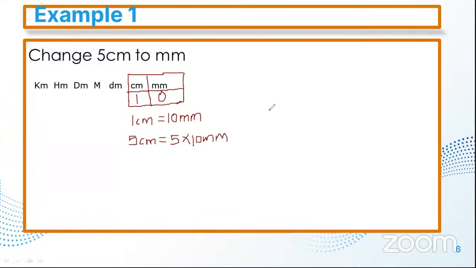Class, if I multiply 5 times 10, you say 5 times 0 is 0. Then you say 5 times 1 is 5. So how many millimeters are in 5 centimeters? We have 50 millimeters. So this is how we change from centimeters to millimeters.